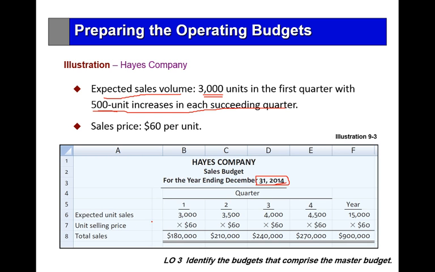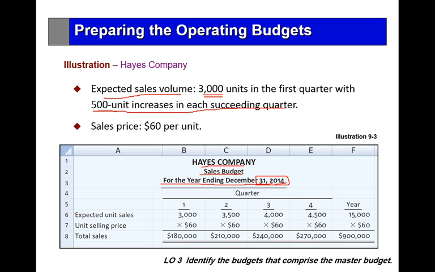In this sales budget we start with the company name, the statement title, sales budget, and the period that the budget covers: for the year ended December 31st, 2014.